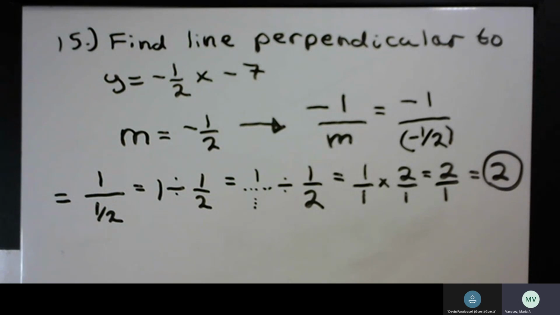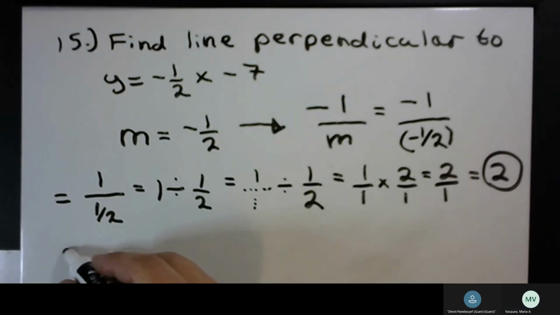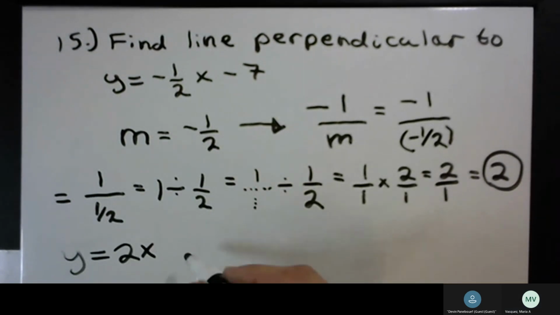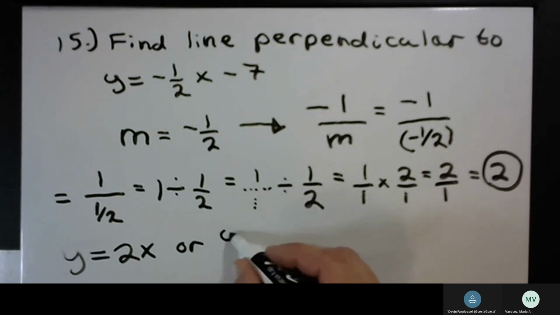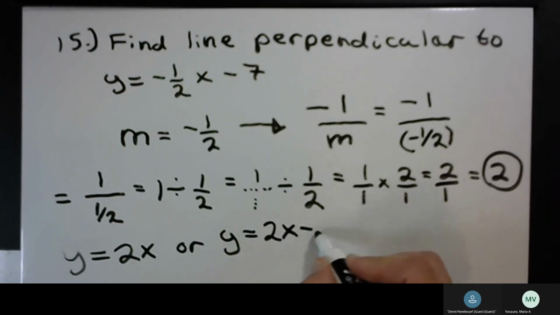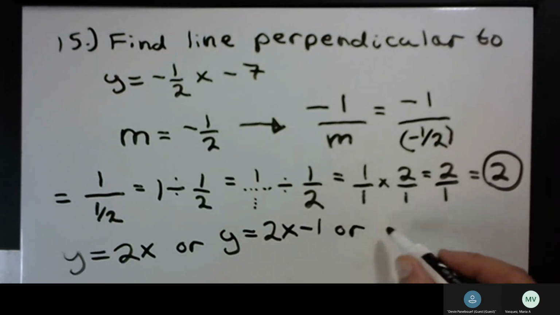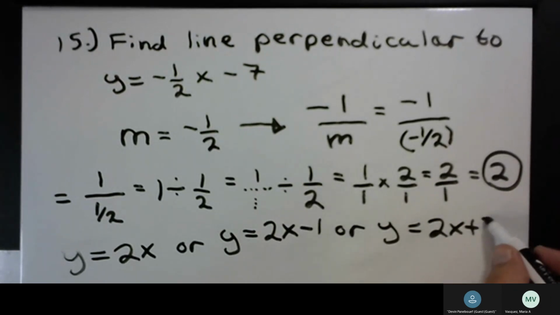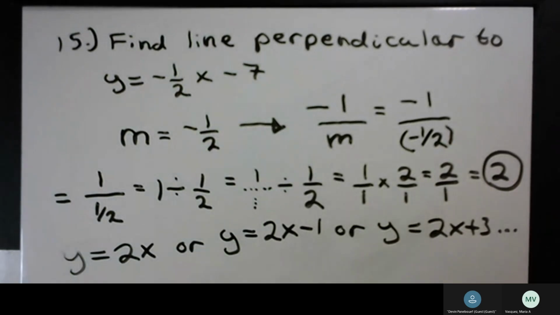Okay. And so the actual answer is any line you come up with that has this slope. You just have to make up a line, and then that would be your answer.